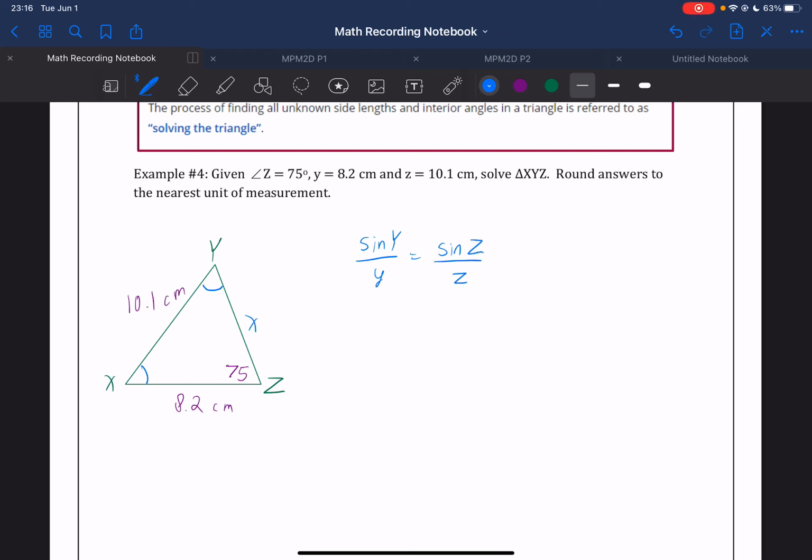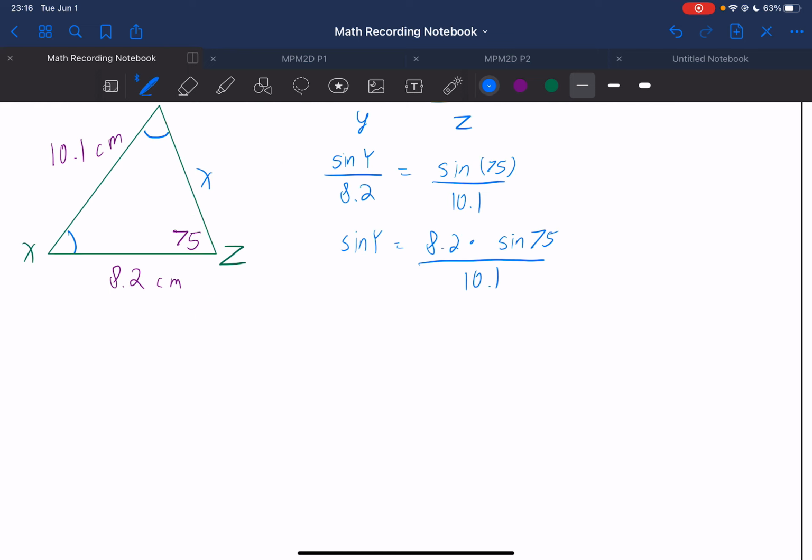We fill in what we know: sine y over 8.2 equals sine of 75 over 10.1. We rearrange to isolate for sine y, so 8.2 times sine 75 over 10.1.